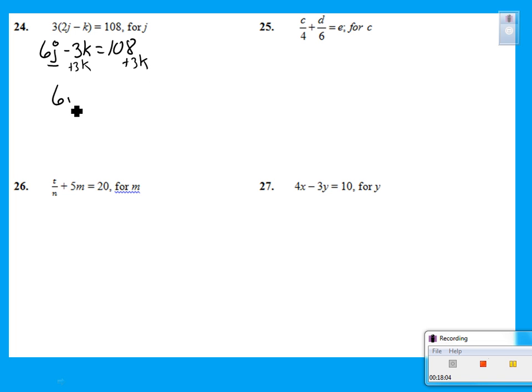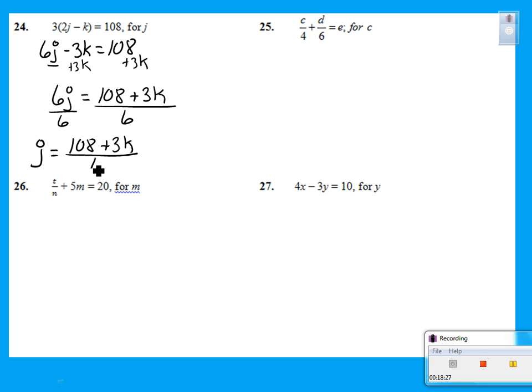So I now have 6j equal 108 plus 3k. I need to get j by itself, so I'm going to divide both sides by 6. So I've got j equal (108 plus 3k) all over 6. That technically reduces, but I'm not going to worry about that with you right now because I didn't put one like that on your assignment. So if you can get me that far today, we're sitting really, really good.